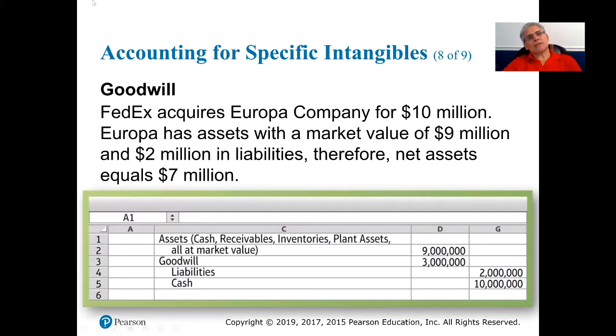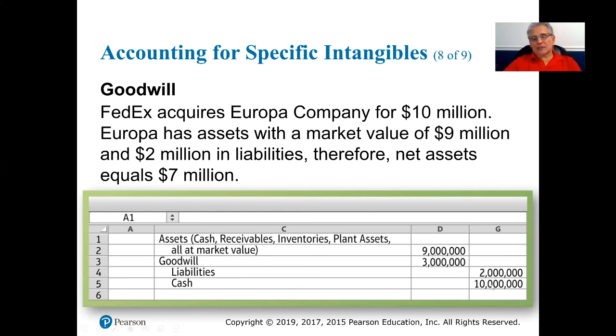So when we actually purchase it, we're going to record all of the assets that were acquired at cash, receivables, inventory, plant assets, all at market value of $9 million. We're going to record the liabilities of $2 million as well. So $9 million is debited. Credited, because we're acquiring the liabilities as well, is $2 million. So we owe that $2 million.